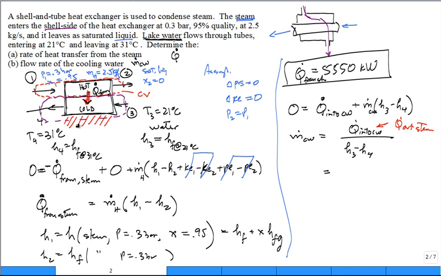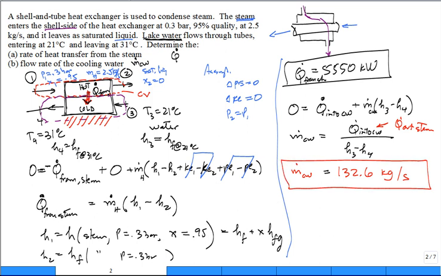Adiabatic heat exchanger. Okay. So if I use those numbers, what we calculate is that the mass flow rate of the cooling water comes in at about 132.6 kilograms per second.